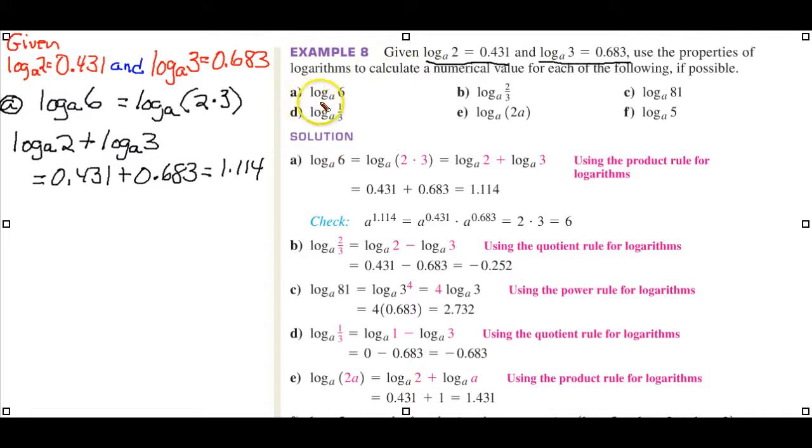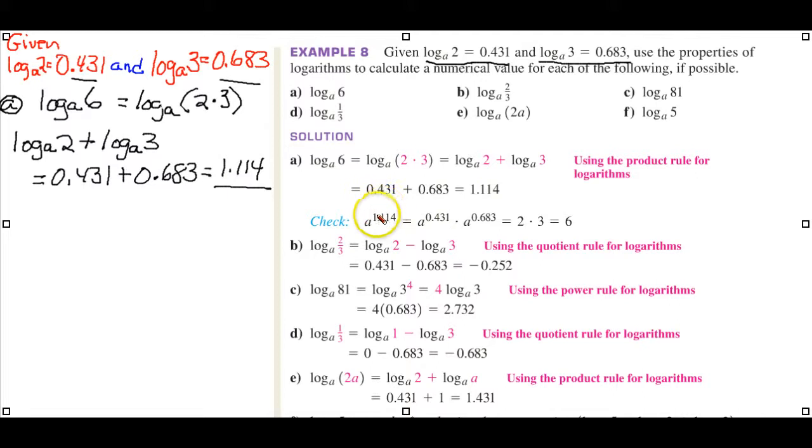So for letter A, we have log A of 6. As we think of 6, that is actually 3 times 2, or 2 times 3. So we can rewrite that as the log A of 2 plus log A of 3, which is then just taking these values for the 2 and the 3, adding them together, and our answer for A then is this.